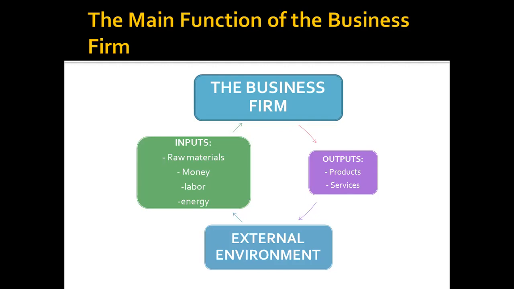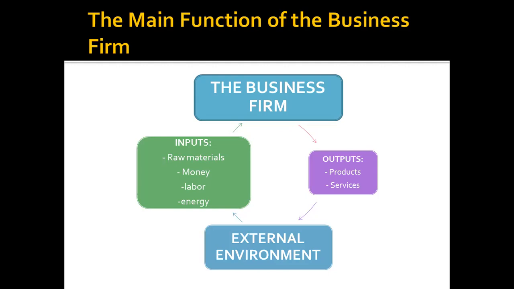And the recipient of the products or services is the external environment. The external environment is the provider of inputs to the business firm. What are the inputs? The raw materials, money, labor, energy.